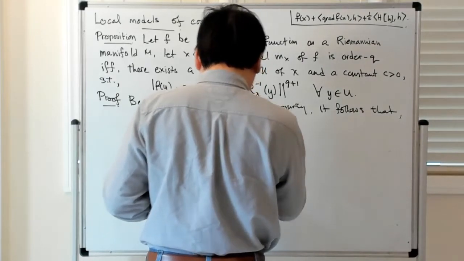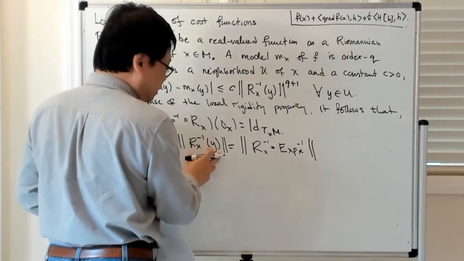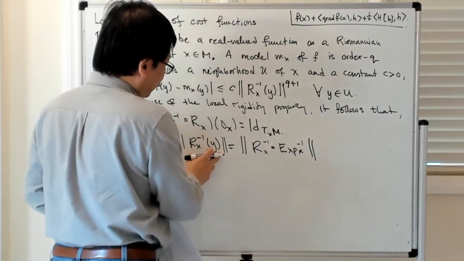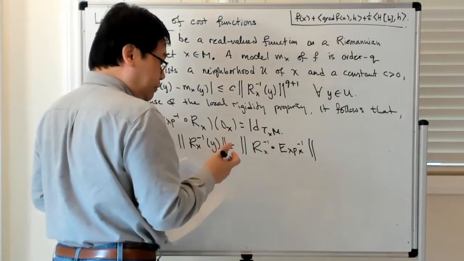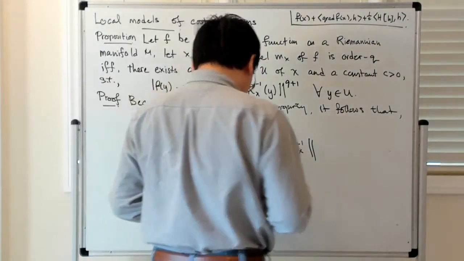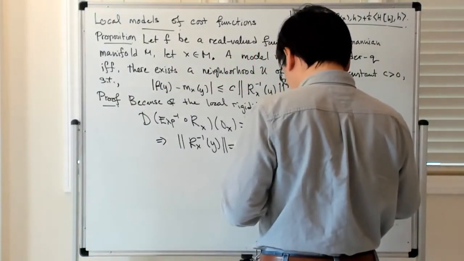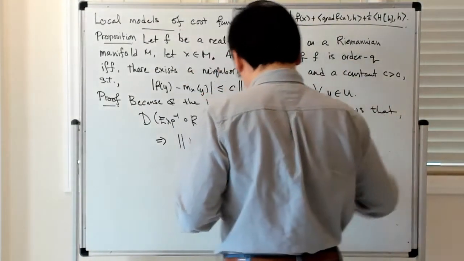Essentially what I'm doing is composing it with the exponential and its inverse, and then applying this sort of norm inequality. Actually, I'm not doing that yet.